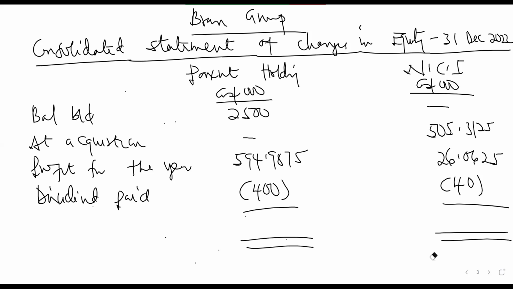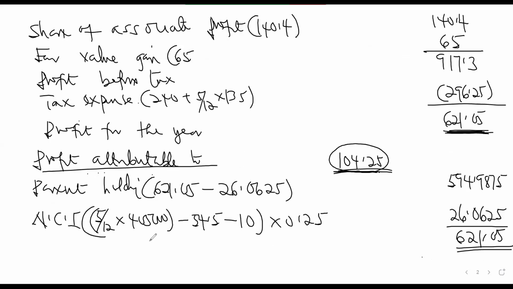Any question? Sir, the NCI calculation at the statement of profit or loss. In fact, I don't know what is wrong with my calculator. I'm not getting the figure. You find the 5 months of the profit before you subtract, then you multiply by 25%.